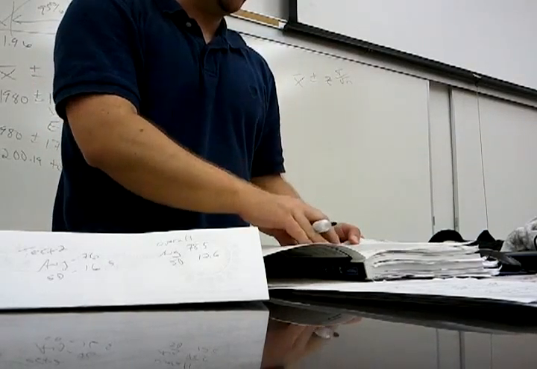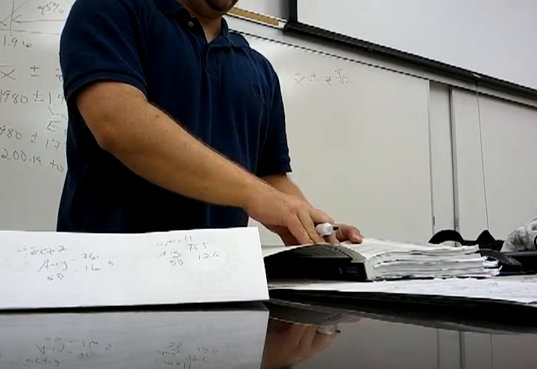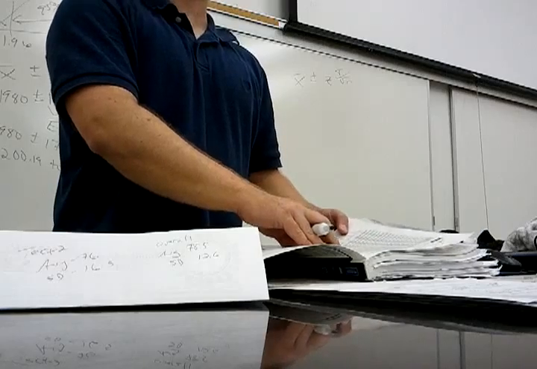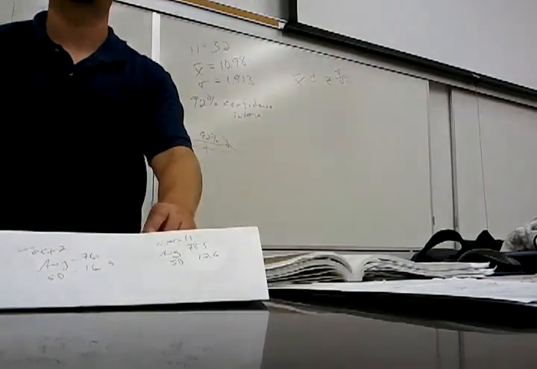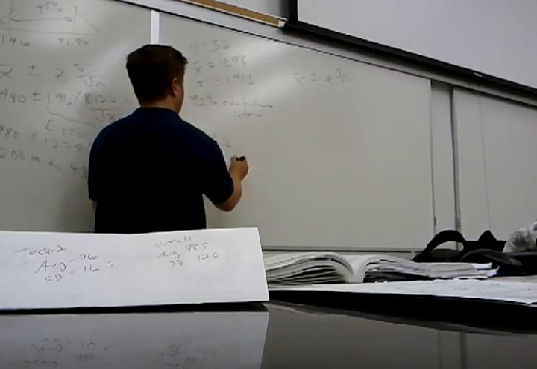Closest I can get is 0.0401, and that's a 1.75, right? So I have to go down 1.75 and up 1.75.